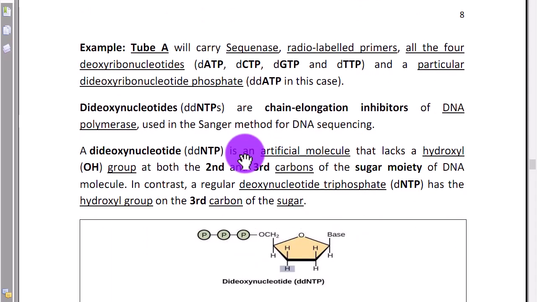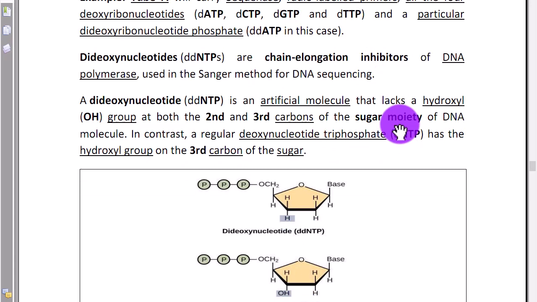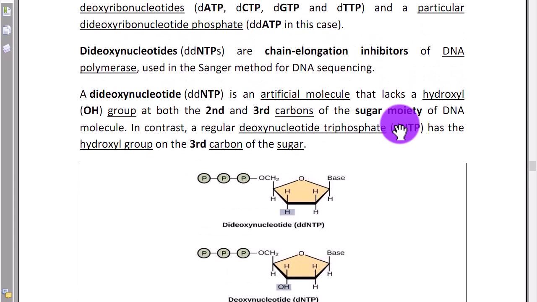Example, tube A will carry Sequenase, radio-labeled primer, all four deoxyribonucleotides dATP, dCTP, dGTP, dTTP, and a particular dideoxyribonucleotide triphosphate, ddATP in this case.